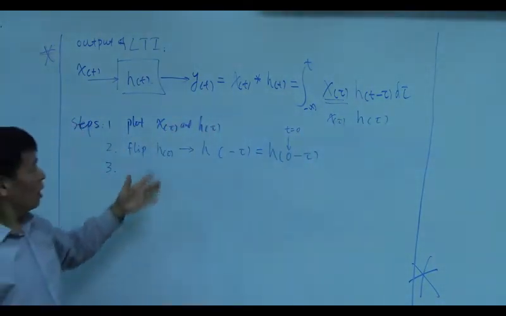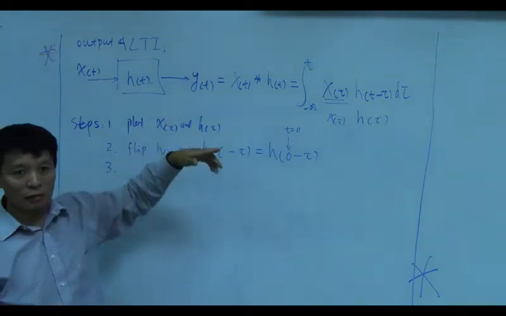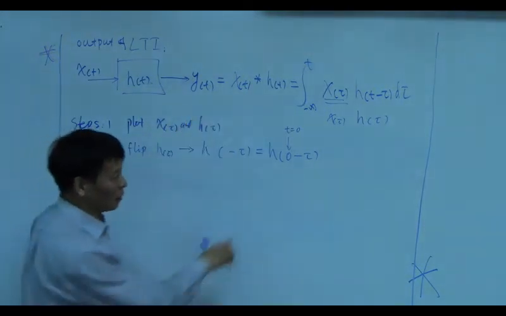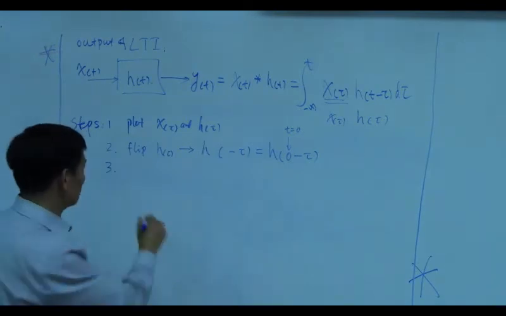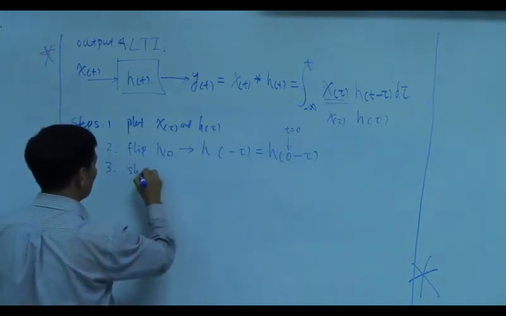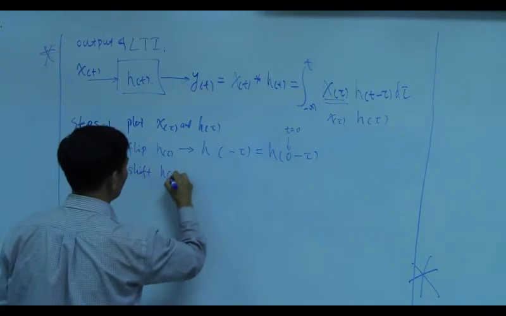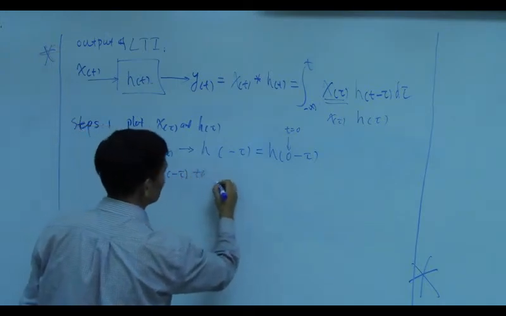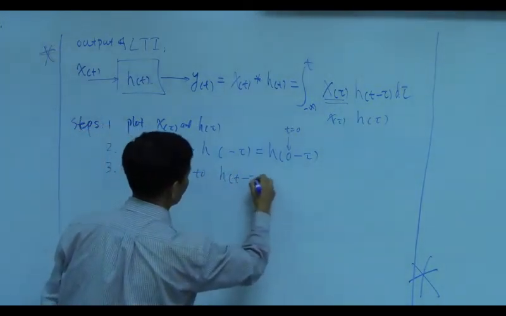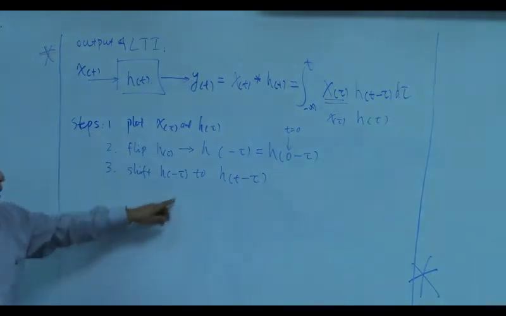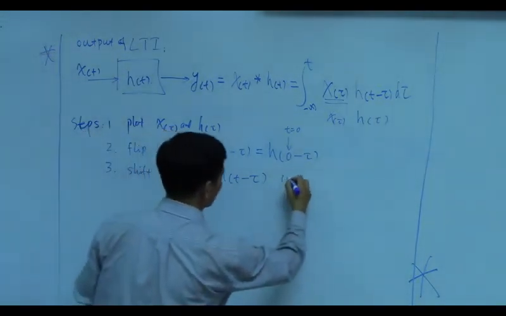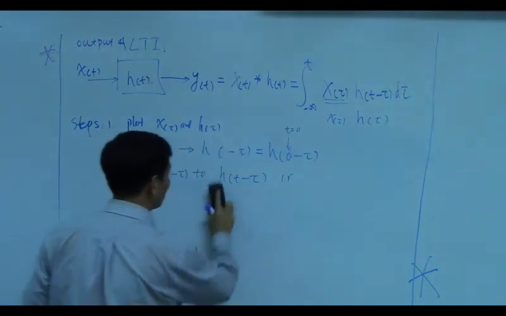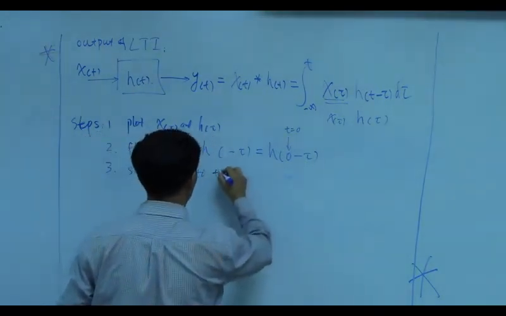If you give me other t, for example, when t equals 10 seconds, then I will change this one to 10 seconds. That means I need to shift this one. So next one is shift h negative tau to h t minus tau by t times to the right. Okay, to the right.